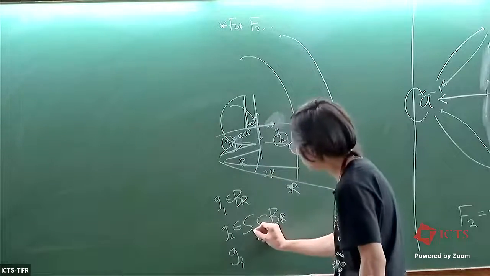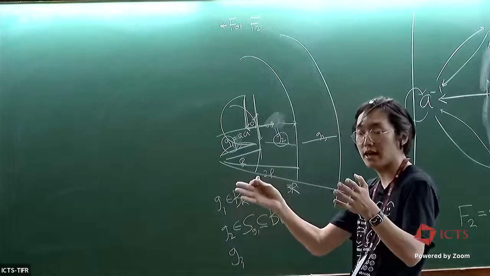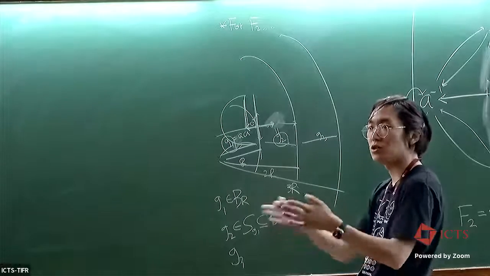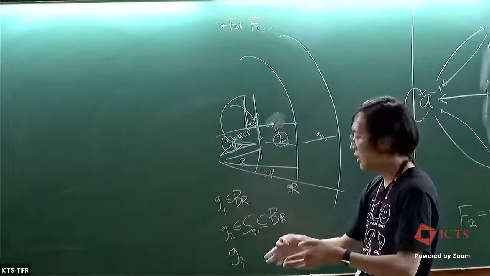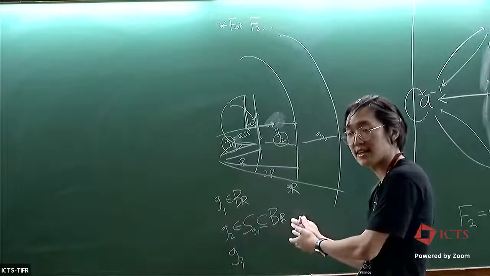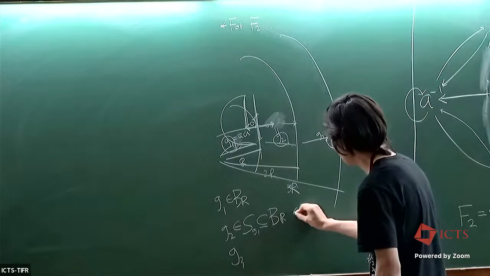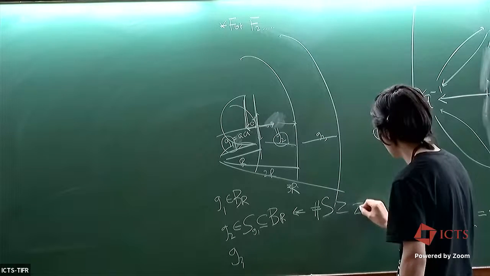So this really depends on the choice of g_1. For example, if g_1 was AA, then S(g_1) should be those words not beginning with A inverse. If g_1 was A inverse, then this subset S changes. But what's important is the cardinality is at least 1/4 of |B_R|.